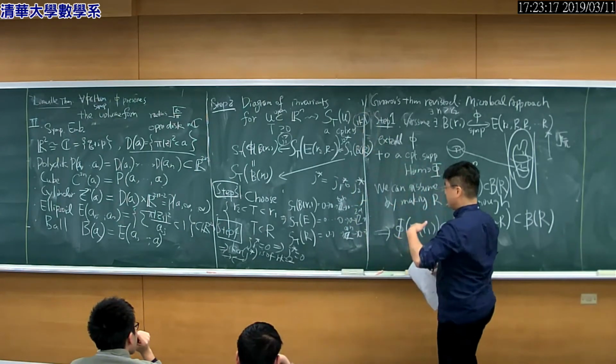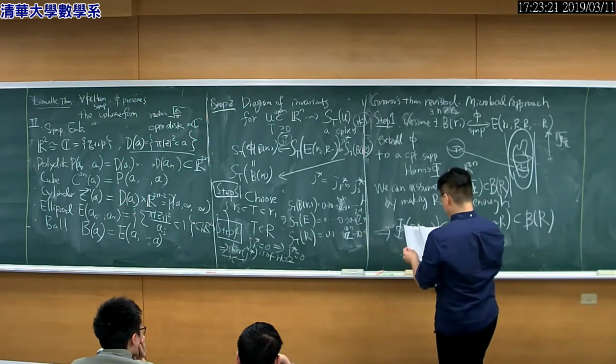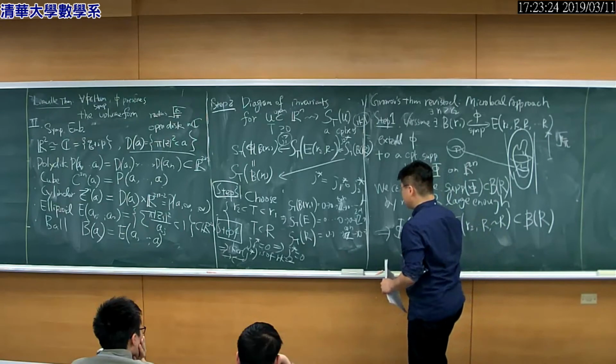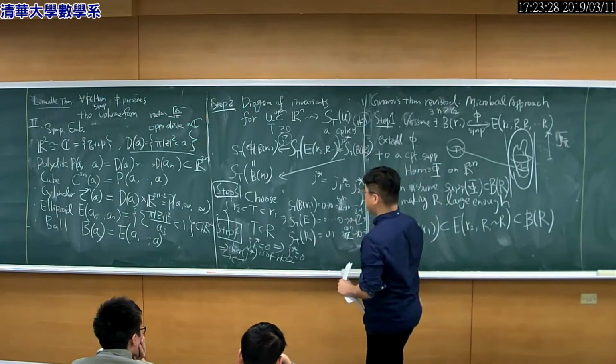So it's like the homology. Okay. So this is a quantitative way to realize the Gromov transmission theorem.